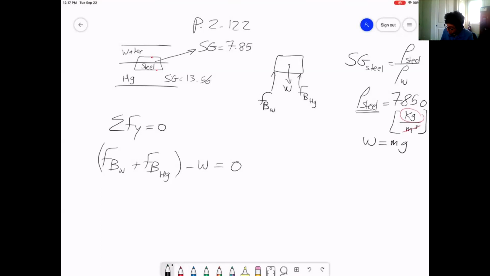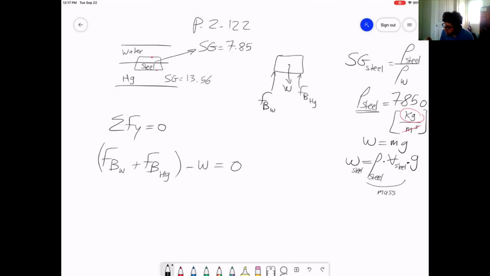So the weight is equal to the density of steel multiplied by the volume of the steel block, times gravity. This term right here is mass.